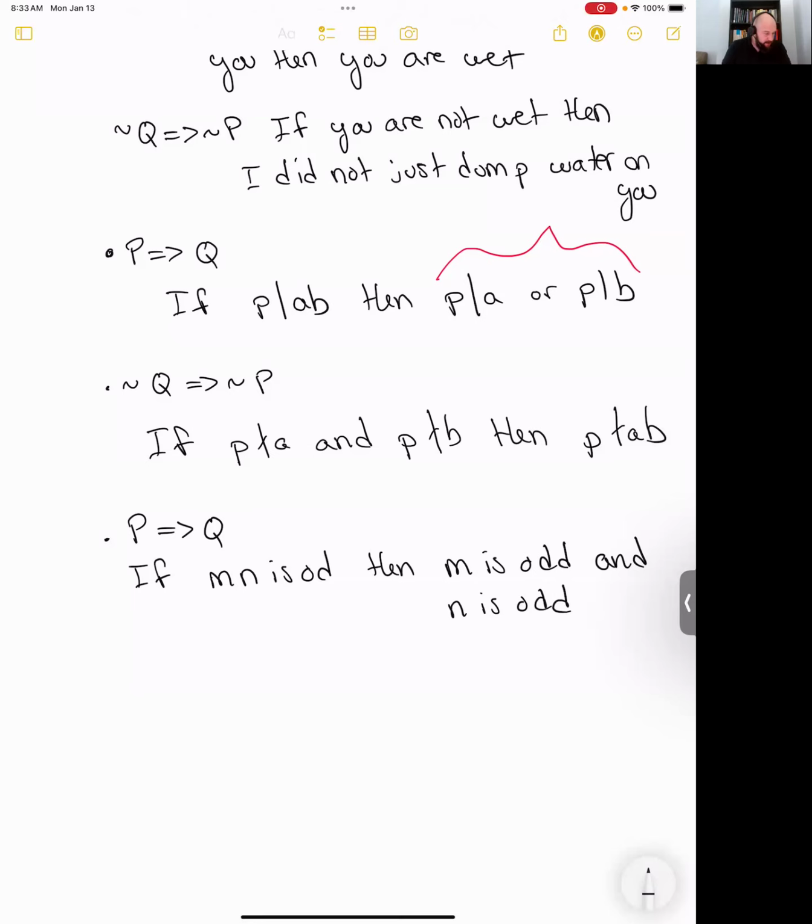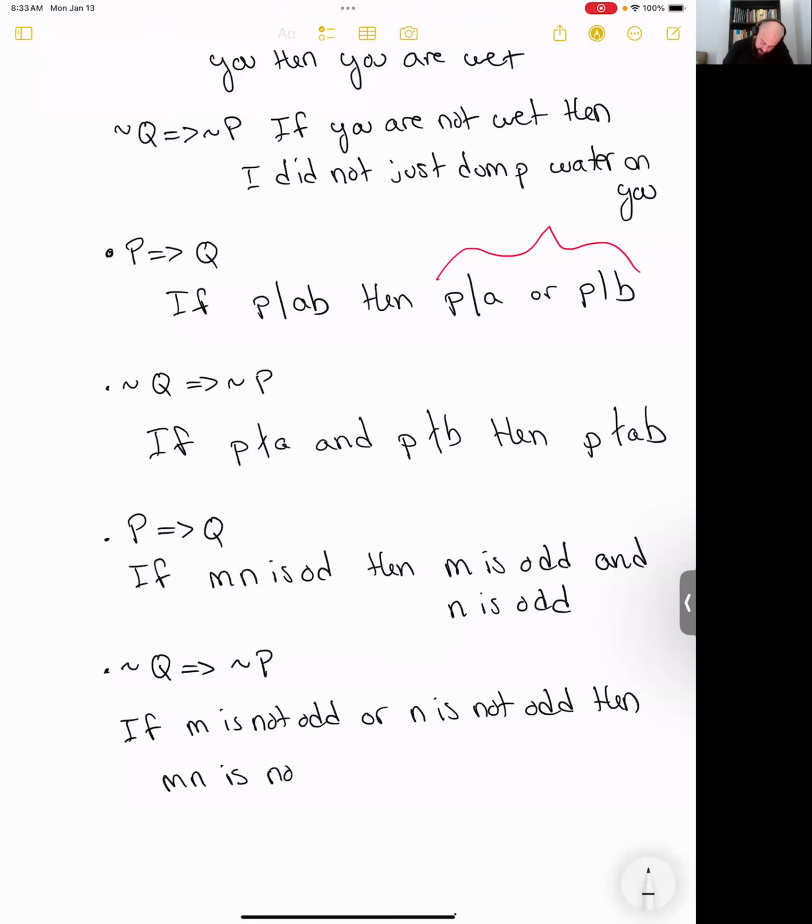So when we go to calculate the contrapositive, we'll have to take care of that properly. So now it should be if m is not odd or n is not odd, then m times n is not odd.